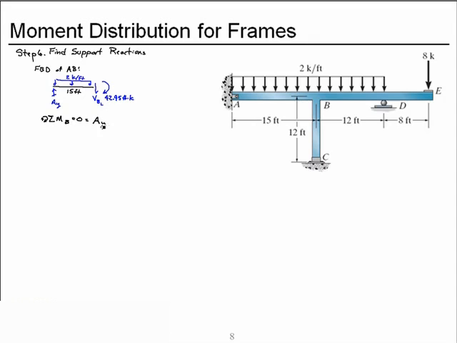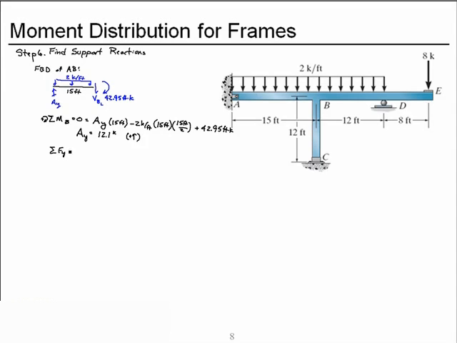I get a positive contribution from reaction AY acting through 15 feet, a negative contribution from the distributed load acting over 15 feet, which gives me a resultant, and that resultant acts 15 over 2 feet from point B, and we have the moment at the cut, 42.95 foot kips. Put all of that together and we get an AY of positive 12.1 kips, so it is up.